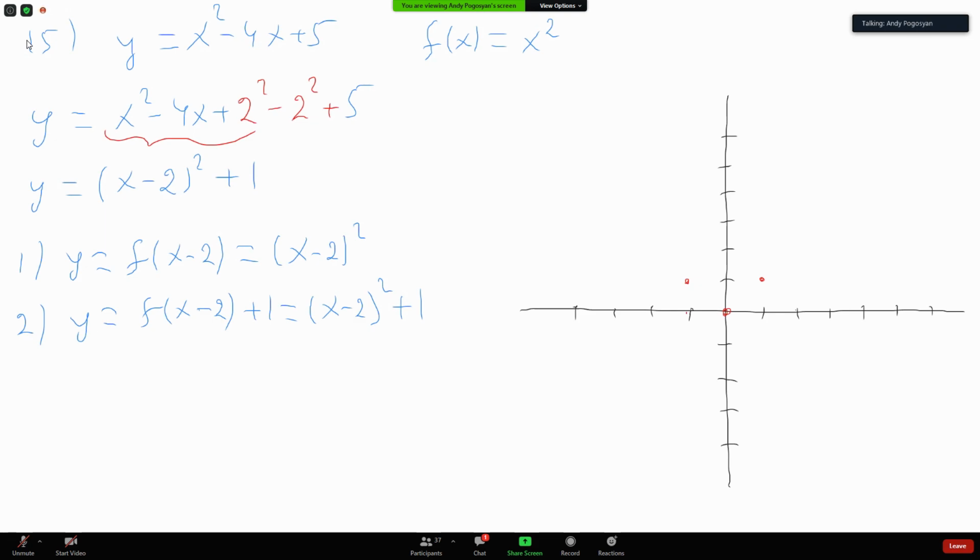This is y equals x squared. Now shift 2 units to the right and shift 1 unit up, and you will be done.